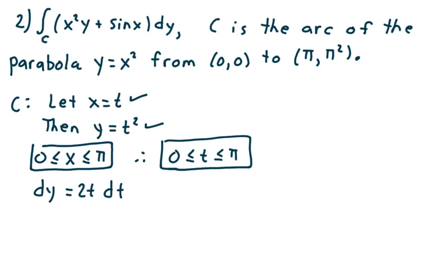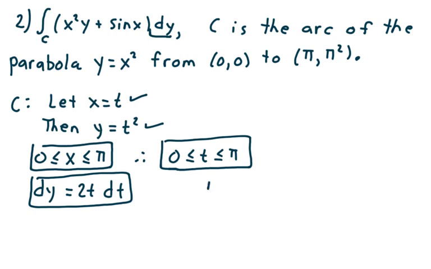Now, we need to know dy. Well, if y equals t squared, then dy is 2t dt. And this is all substitution all the time. And so what I'm going to do in this line integral is replace x with t, y with t squared, and dy with 2t dt.